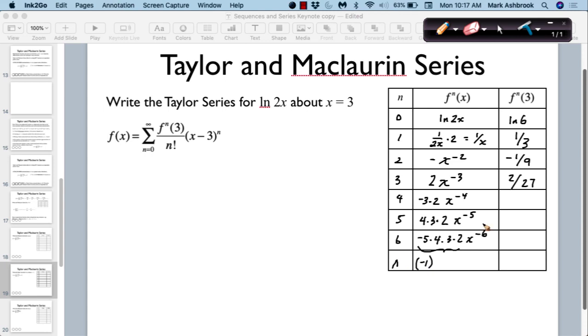So now when it's odd, it's positive, and when it's even, it's negative. So (-1) to the n plus 1 times n minus 1 factorial times x minus 3 to the n, over 3 to the n.